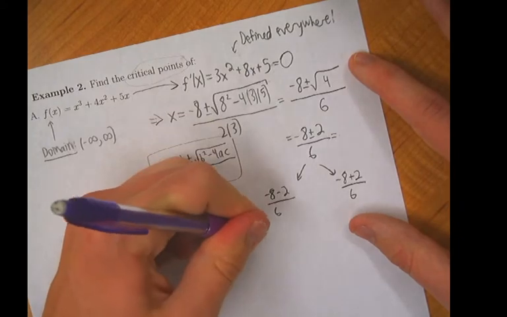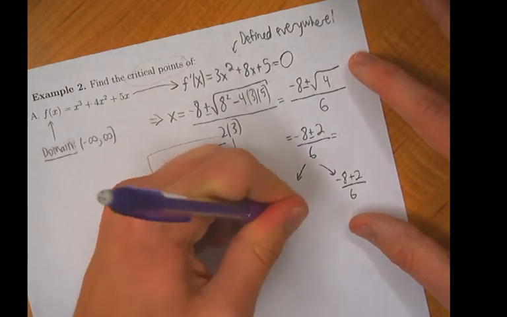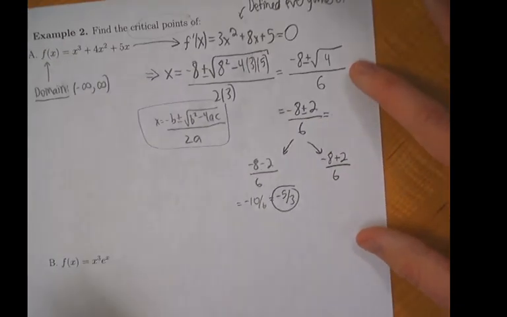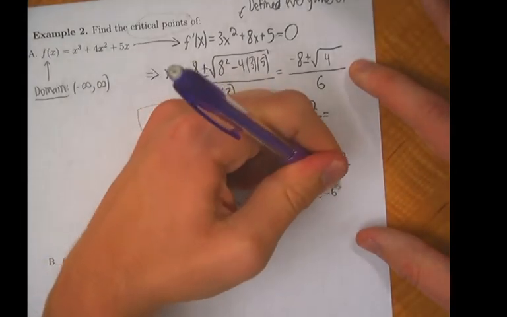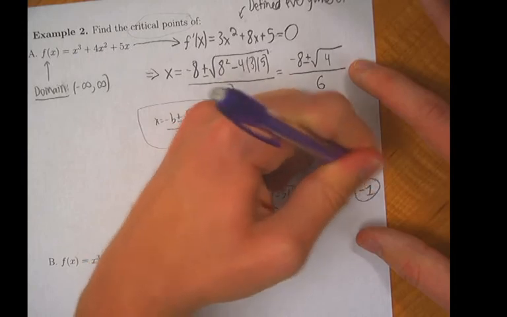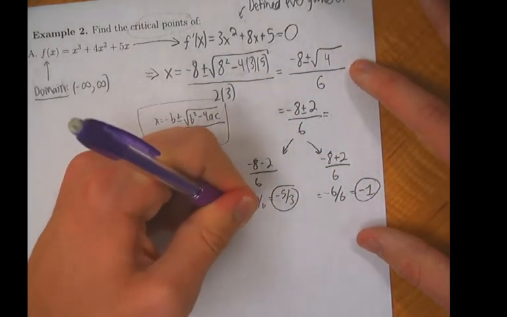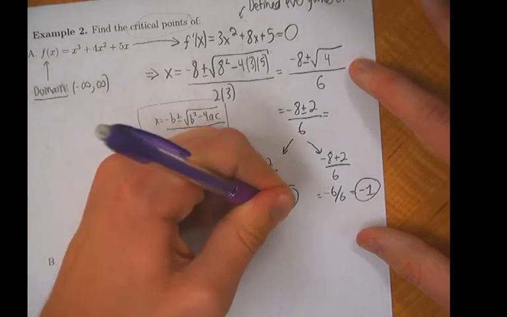So we have negative 10 over 6, which is negative 5/3. That's one of them. And the other one is negative 6 over 6, which is just negative 1. So in this case, your two critical points are negative 1 and negative 5/3.